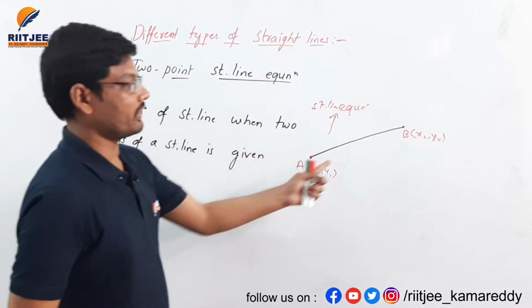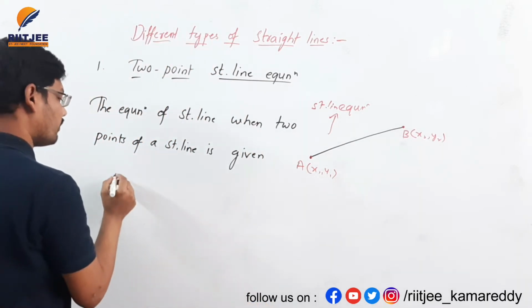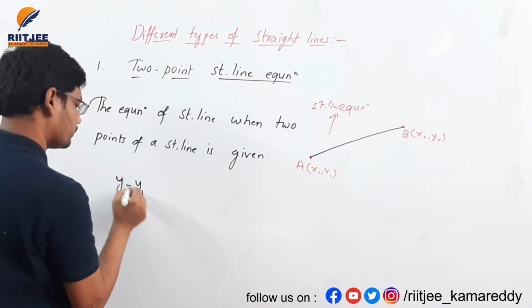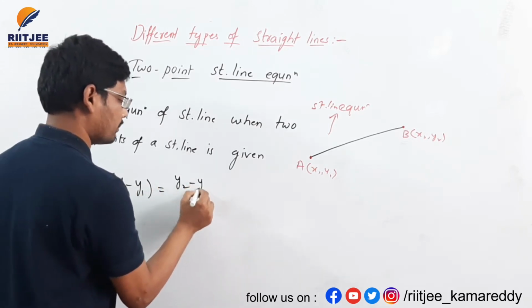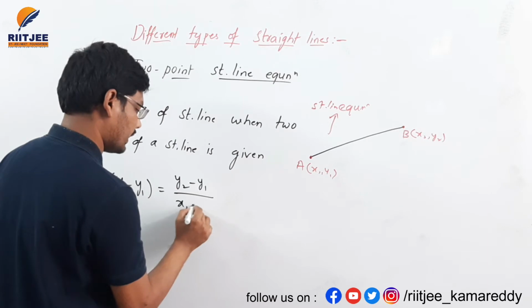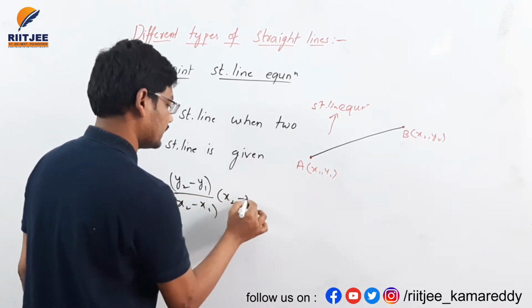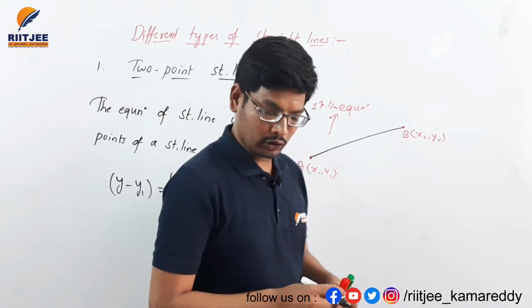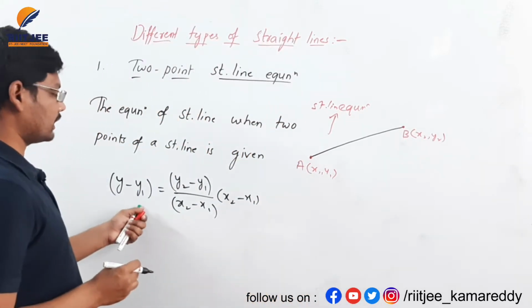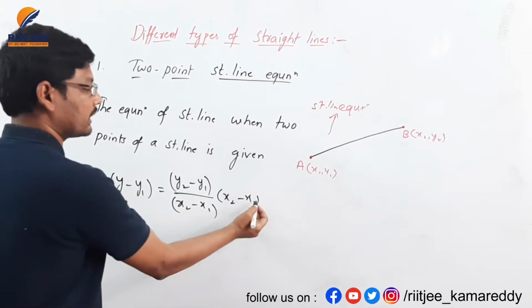When 2 points of a straight line are given, then the straight line equation is y minus y1 is equal to y2 minus y1 by x2 minus x1 into x minus x1.